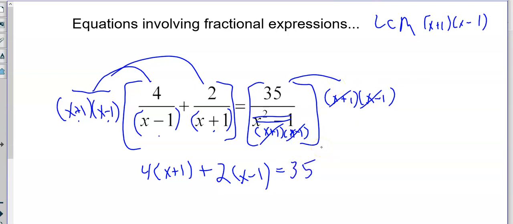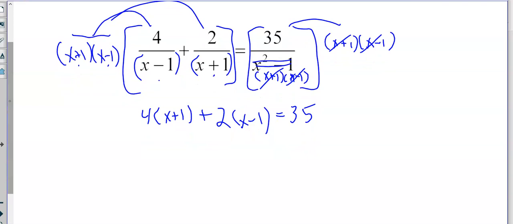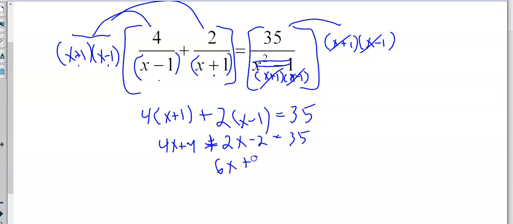So here's the beauty. I mean, we had a lot of fractions, and just by multiplying by the LCM on every term, we have a pretty normal equation now. This is a linear equation. It's not bad. Distribute there, 4x plus 4 equals, plus 2x minus 2 equals 35. So 6x plus 2 equals 35.